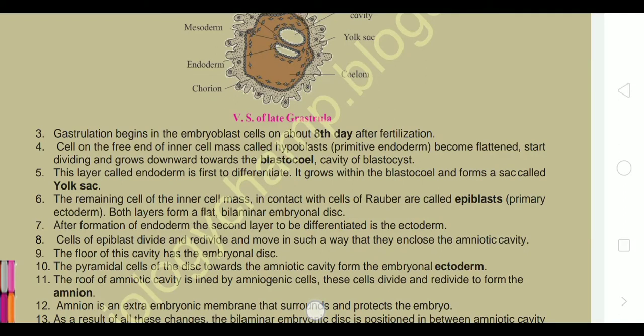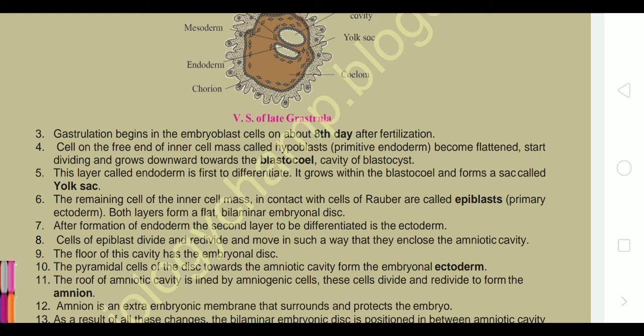Cells of the epiblast at the periphery divide and move in such a way that they enclose the amniotic cavity. So the pyramidal cells of the disc towards the amniotic cavity form embryonal ectoderm.